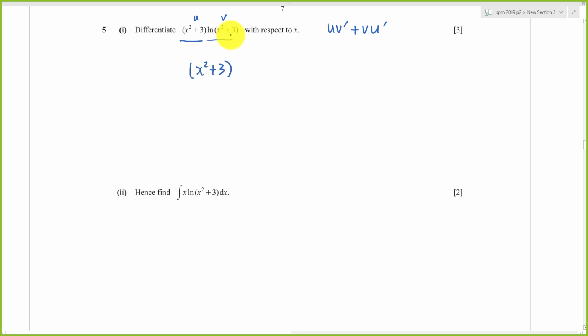If I differentiate ln of x squared plus 3, what I will get is, remember whenever you see ln, you will get 1 over the whole thing, x squared plus 3. And then you need to differentiate x squared plus 3 one more time, which is 2x. Okay? And then plus, copy the v, ln of x squared plus 3, times differentiate the u, which just gives me 2x.